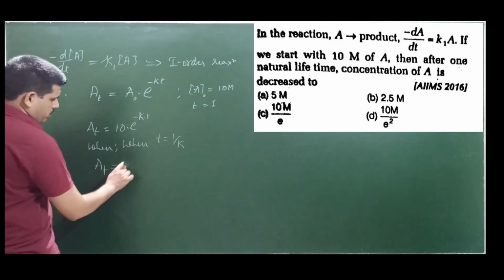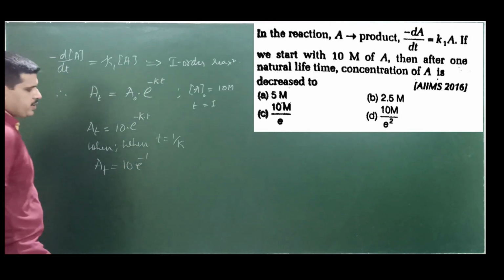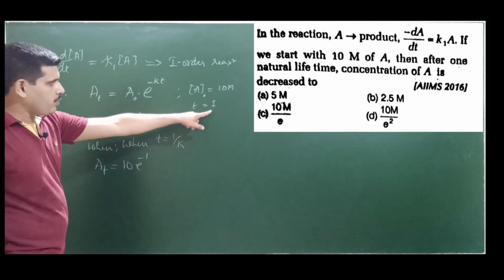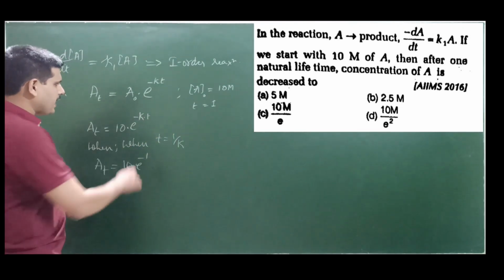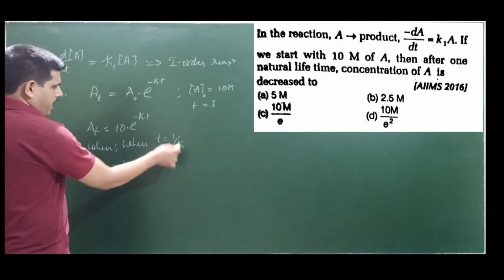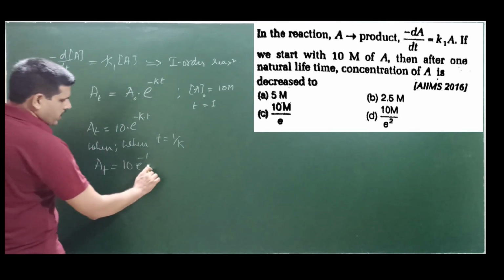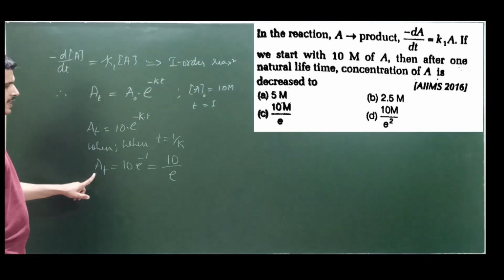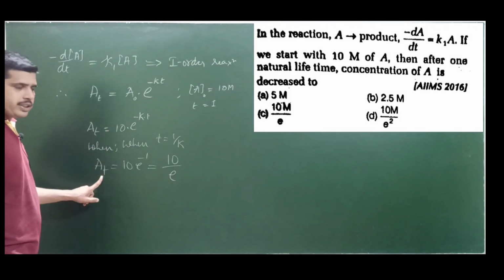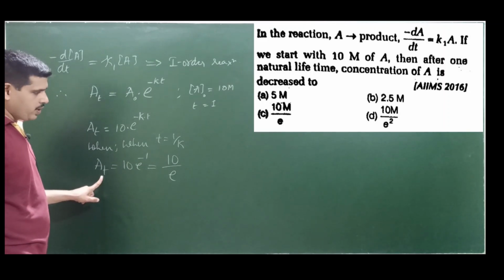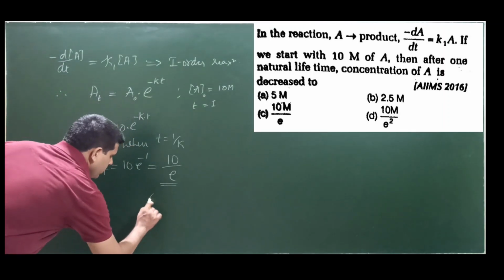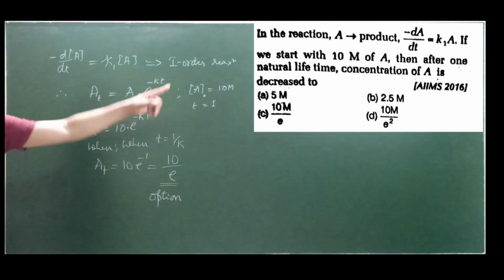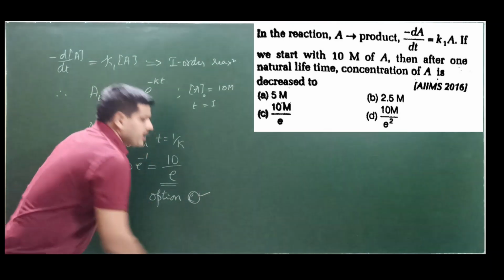A t is equal to 10 into e to the power of minus 1, because when you substitute t equal to the natural lifetime, it becomes 1. So I have 10 divided by e. That is our concentration after one natural lifetime. So which is the option to be selected, dear students? The option you have to select is C. Okay, so that's it.